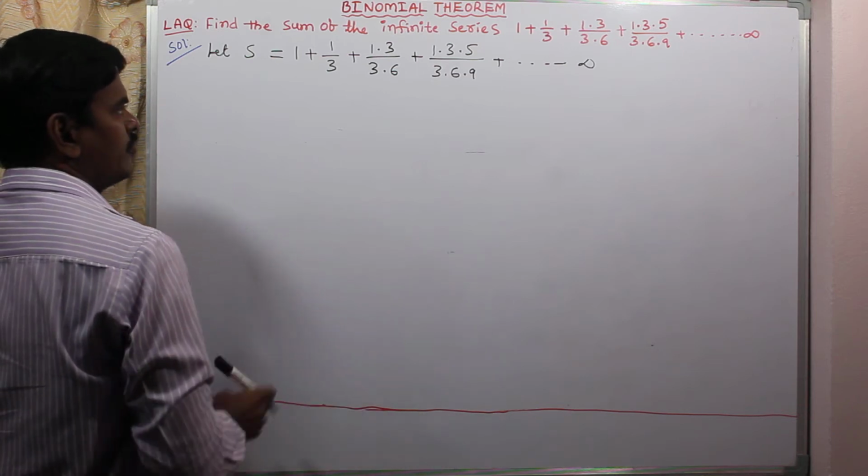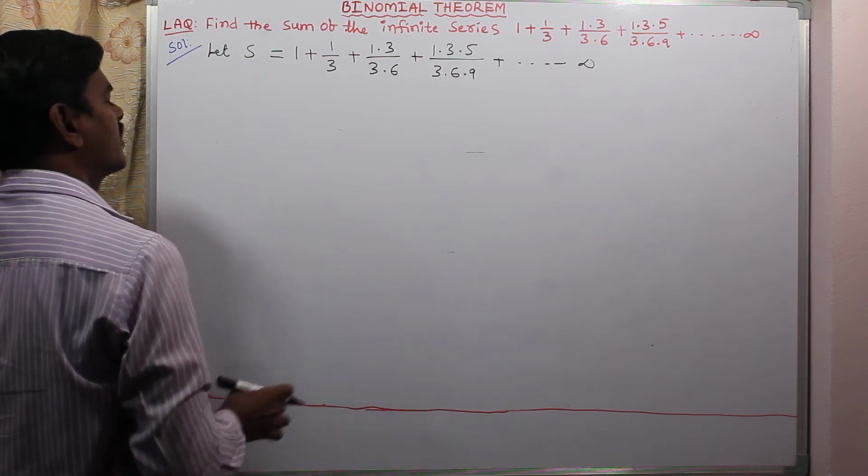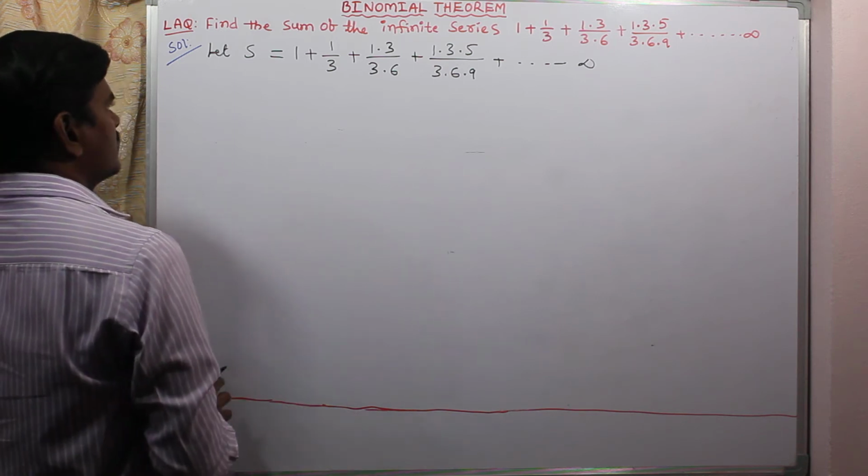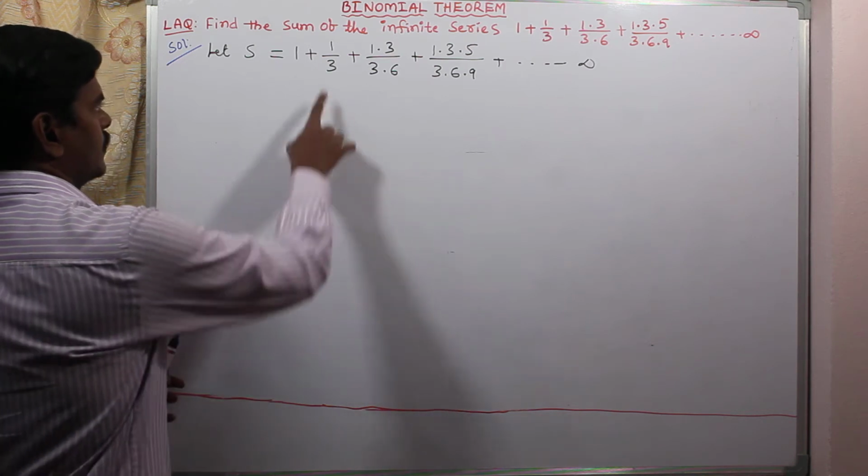We have a number of formulas, binomial theorem for rational index. So let us remind ourselves of one formula.